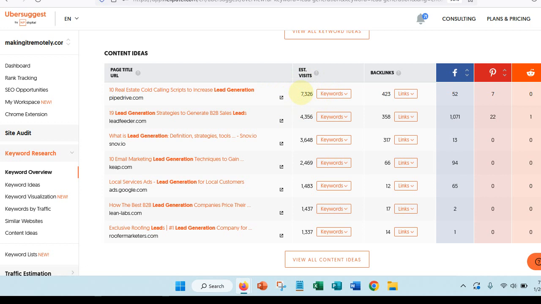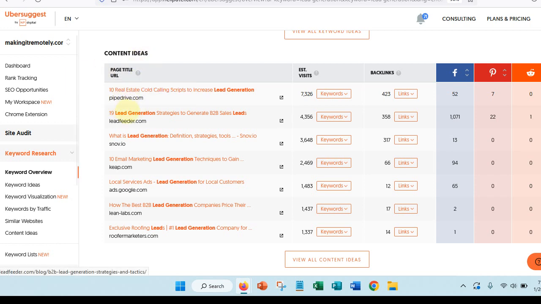So you can actually look at Pipedrive if you're interested in lead generation for real estate. You can look up Pipedrive and see, if you feel like that's a term that you want to write about, they seem to be doing pretty well in that area.